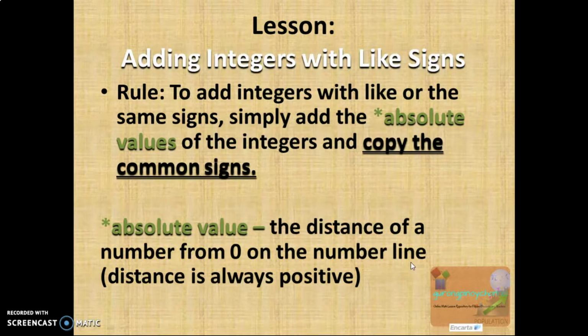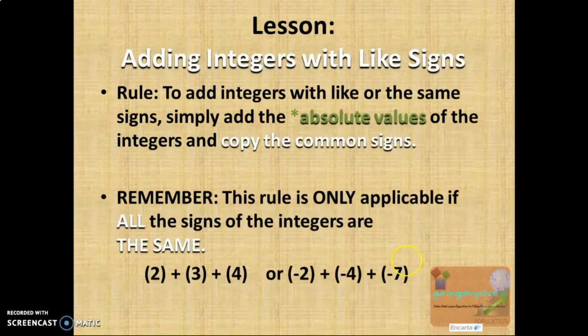Okay, now, remember this rule in adding integers with like signs. This rule is only applicable if all the signs of the integers are the same. So, yung rule na to, adding integers with like signs, ay para lang sa mga magkakapareho ang signs. Just like here, we have 2 plus 3 plus 4.